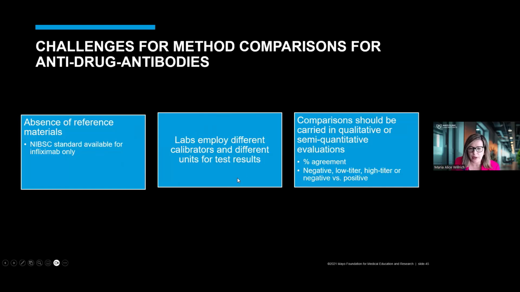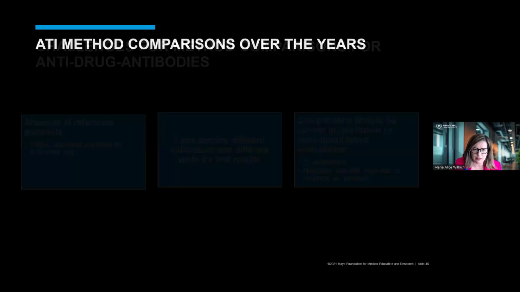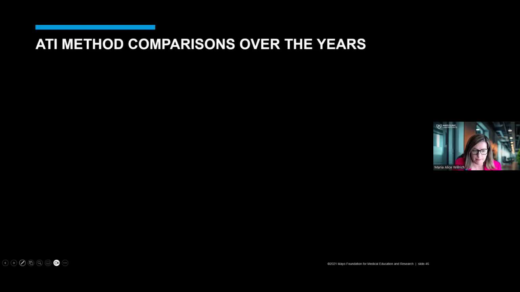So it's hard to compare, especially quantitatively, lab test results from our lab with other labs. So you can do that qualitatively, where we're looking at agreement, negative, positive, or semi-quantitatively, if you have a good establishment of what's a low titer, what's a high titer. But we also know that that's a bit challenging yet with all the assays out there.